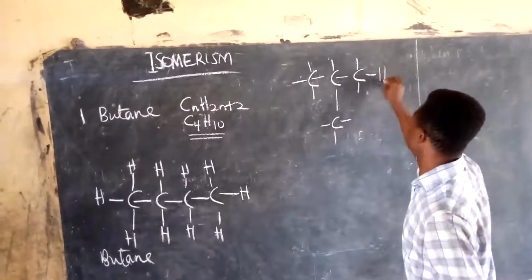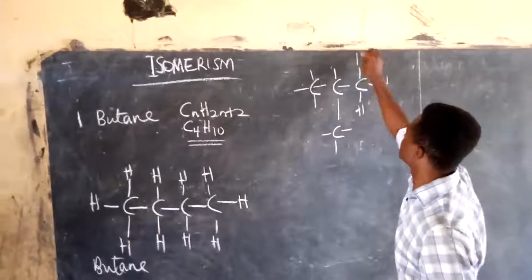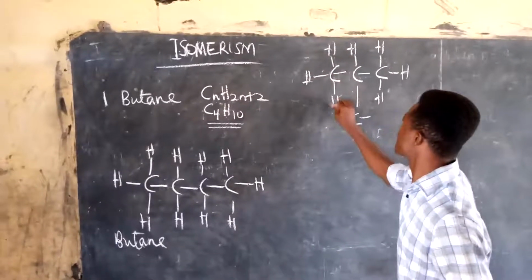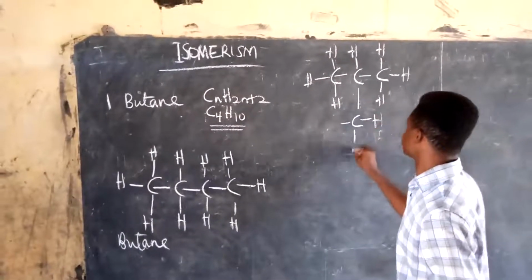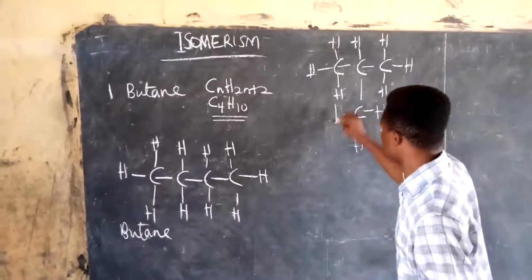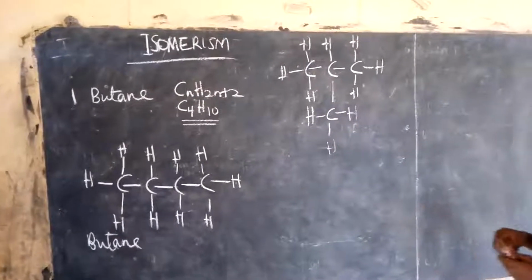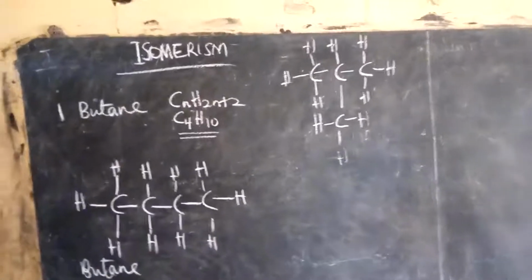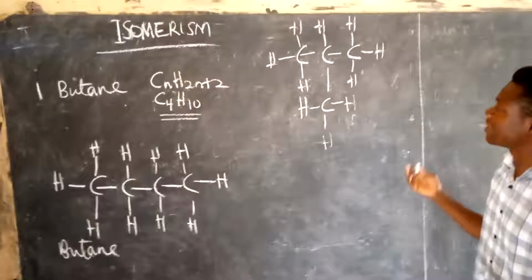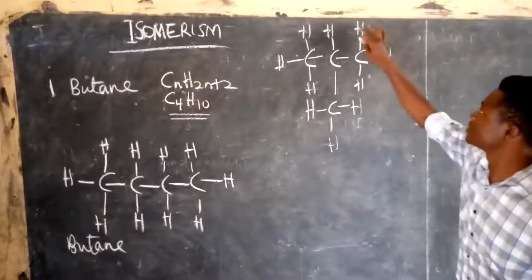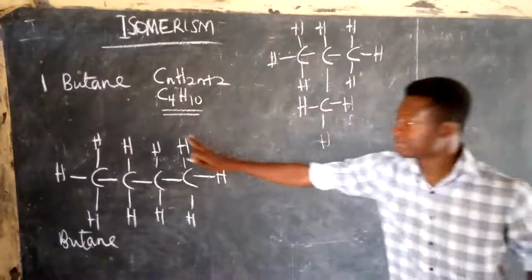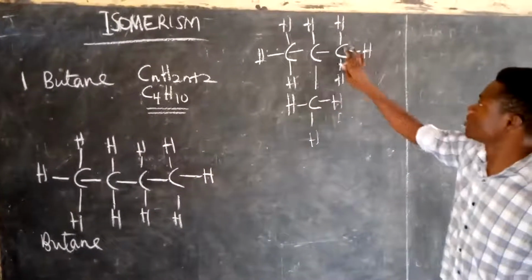So for you to know that you are right, count the number of hydrogens. 1, 2, 3, 4, 5, 6, 7, 8, 9, 10. The same as the number of hydrogens here. How many carbons? 1, 2, 3, 4.